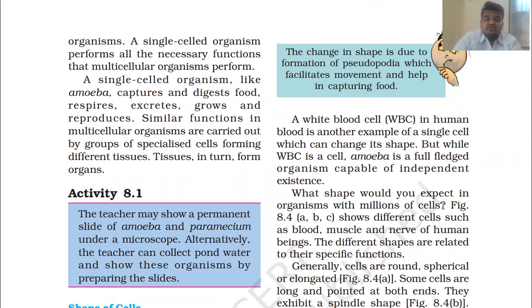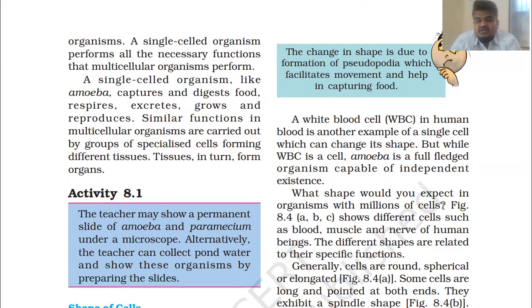Single-celled organisms perform all the necessary functions that multicellular organisms perform. We already discussed that single-cell organisms also perform all the functions which are carried out in multicellular organisms. The single-cell organism like amoeba captures and digests food, respires, excretes, grows, and reproduces also.